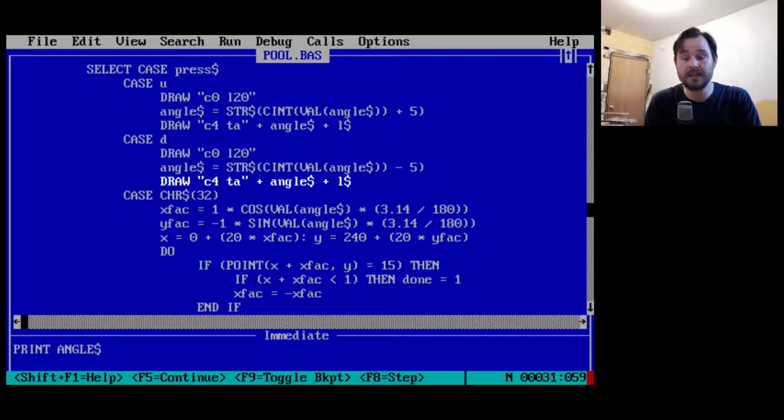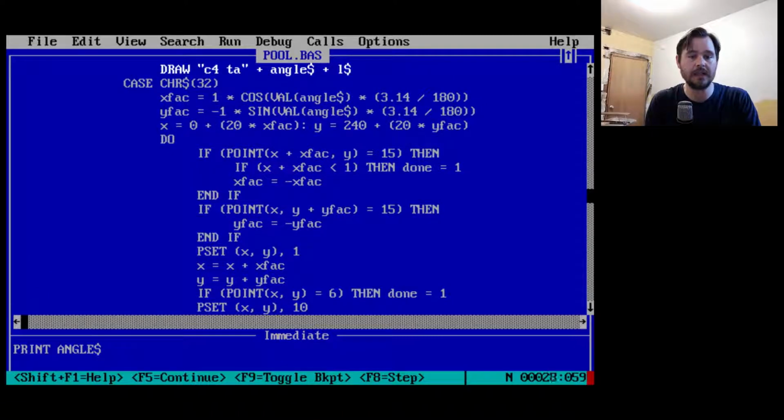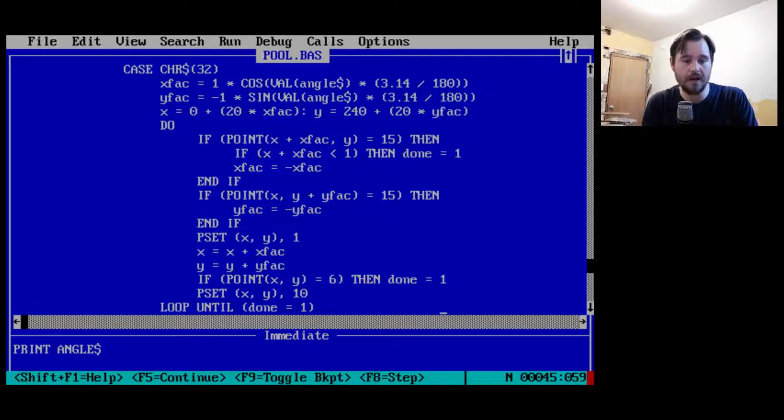Now if we hit space, this is where we do our shooting, and this is basically the whole thing. There's not much to it. So we take our xfac and we say it's 1 times the cosine of the value of the angle times pi over 180.